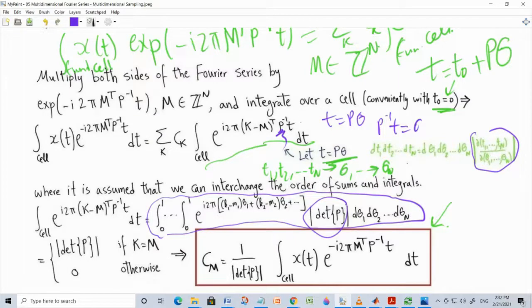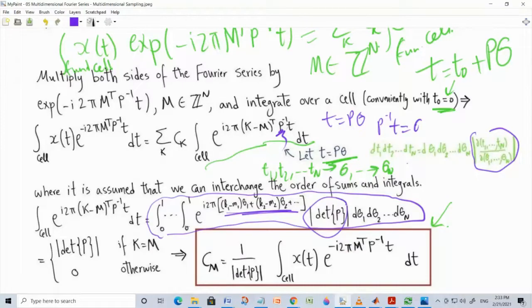Once you replace t by P theta, P inverse will eliminate the P, and you get an integration that is straightforward in terms of theta 1, theta 2 up to theta n, where each theta is between 0 and 1.